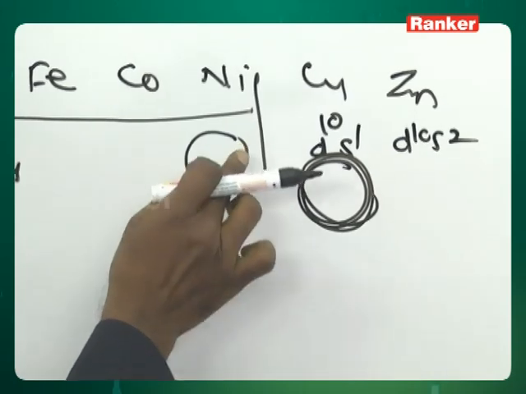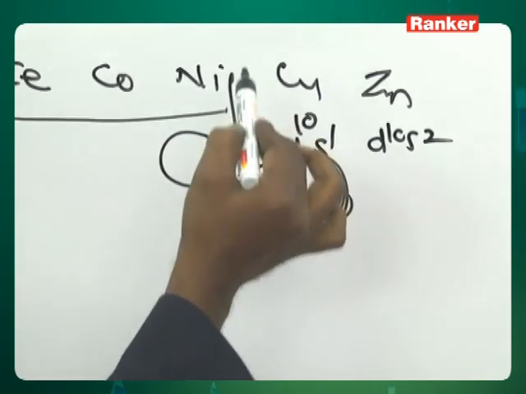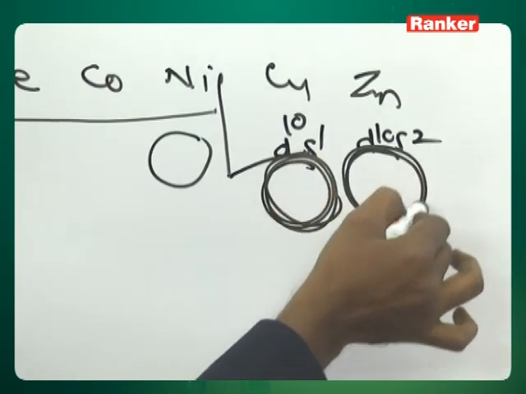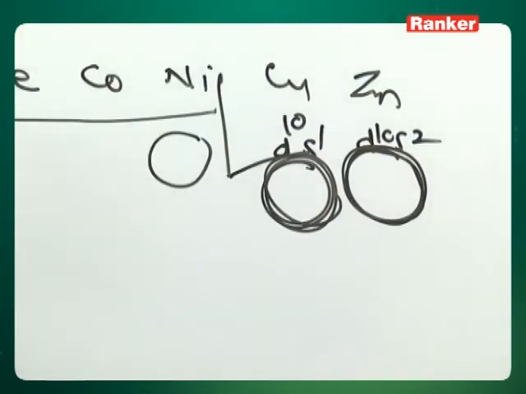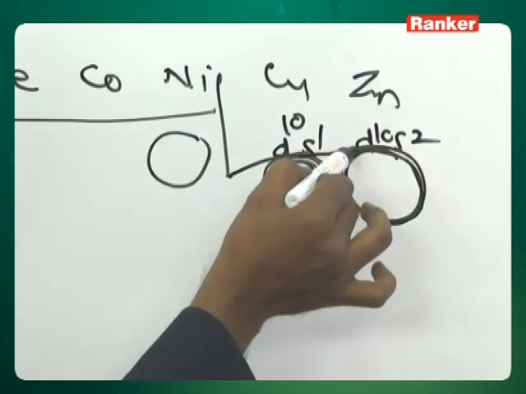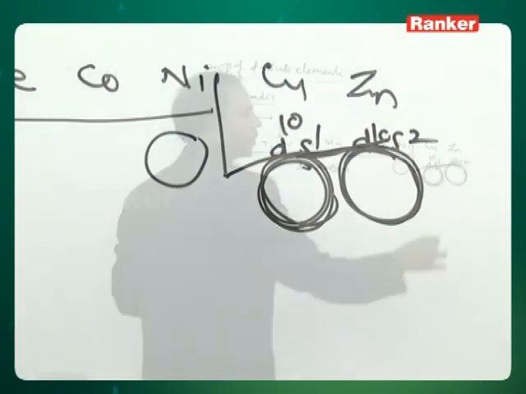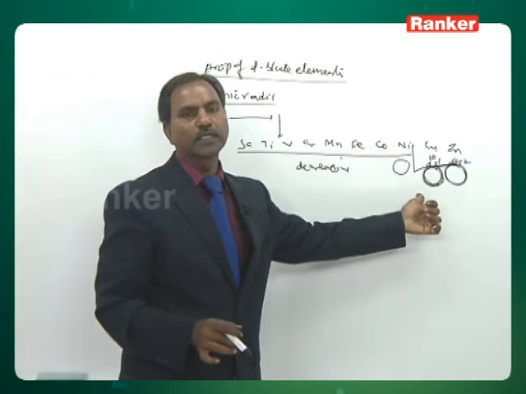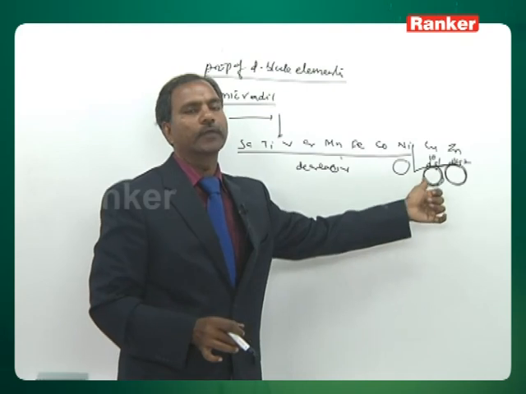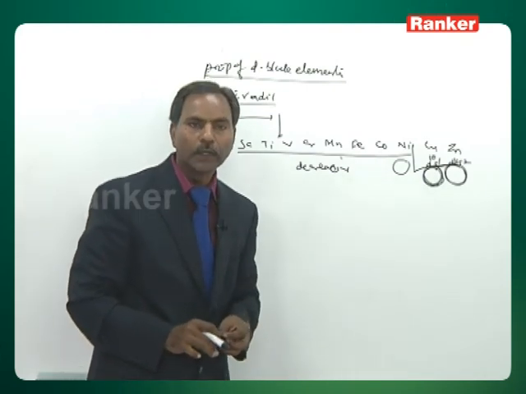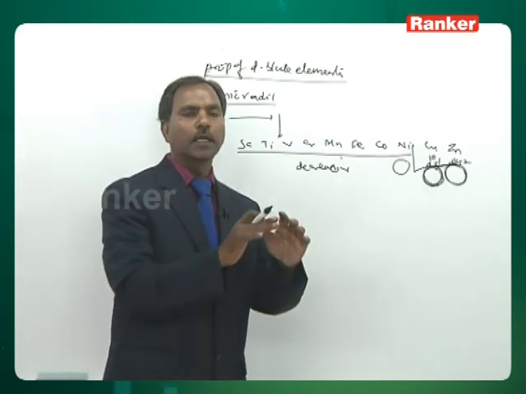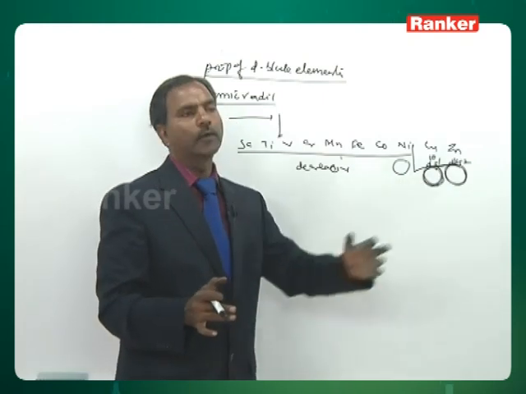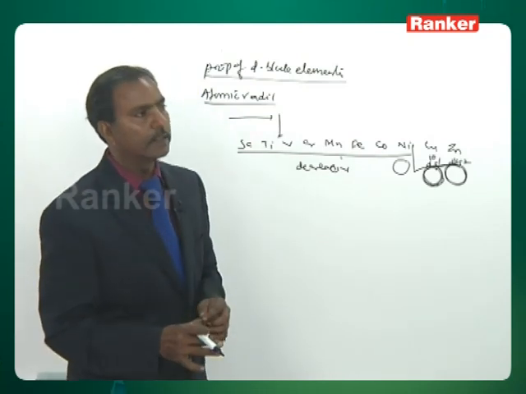Therefore, nickel to copper increasing. In zinc also, it is fulfilled d orbitals and again inter-electron repulsions. Therefore, nickel to copper atomic size increasing and copper to zinc also atomic size increasing. So scandium to nickel atomic size decreasing, while nickel to copper and copper to zinc atomic size increasing.